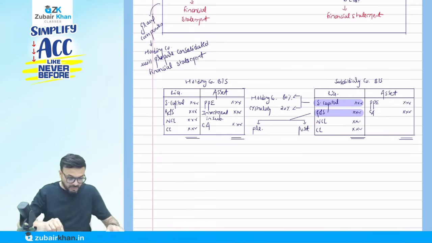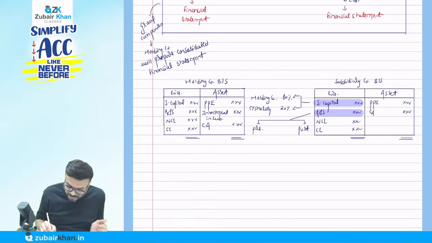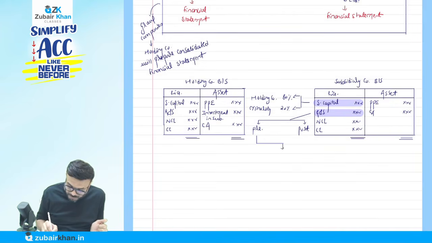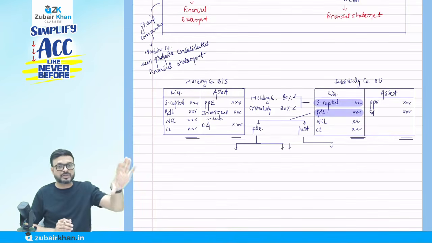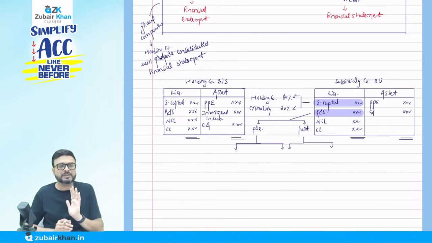So in case of pre-acquisition profit, some profit belongs to the holding company and some belongs to the minority. If we hold 100% shares of the subsidiary company, we are the owner, and whatever profit there is belongs to the holding company.